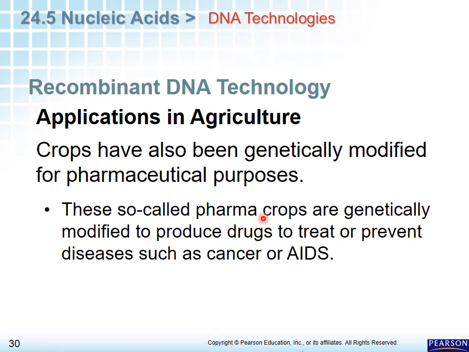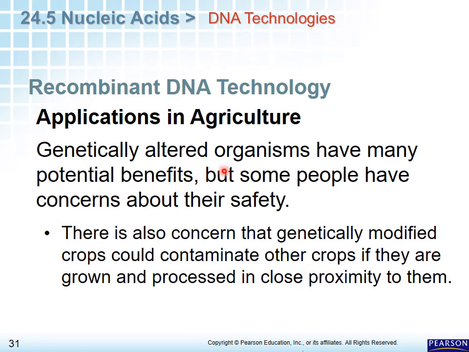These so-called pharma crops are genetically modified to produce drugs to treat or prevent diseases such as cancer or AIDS. Genetically altered organisms have many potential benefits, but some people have concerns about their safety. There is also concern that genetically modified crops could contaminate other crops if they are grown and processed in close proximity.